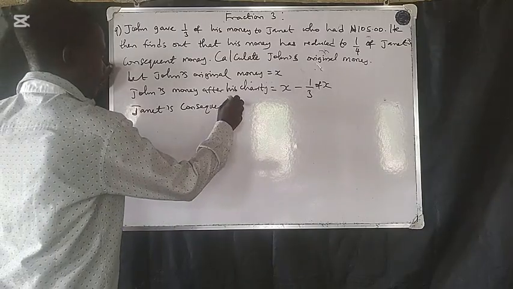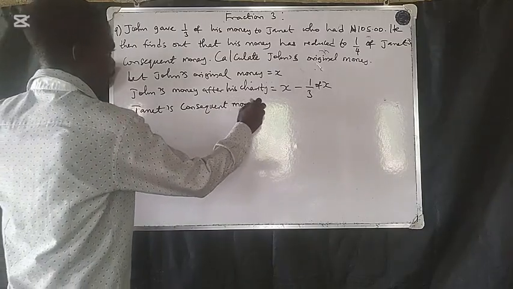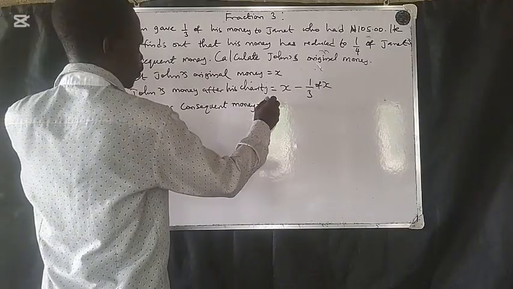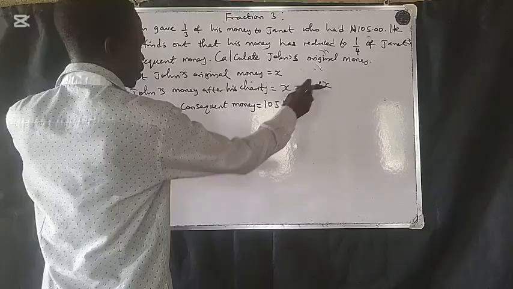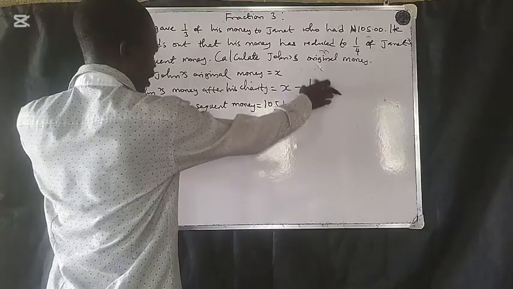Janet's original money is 105, plus this one that was given to her.